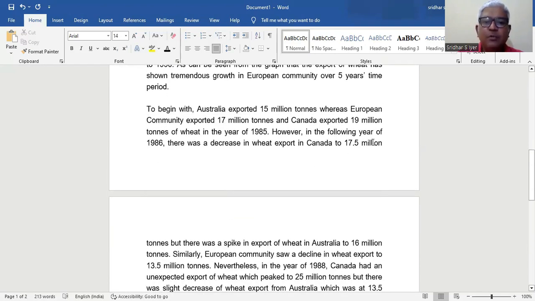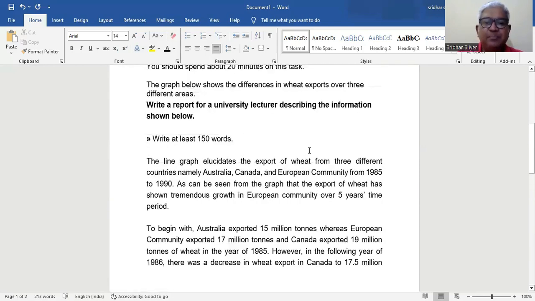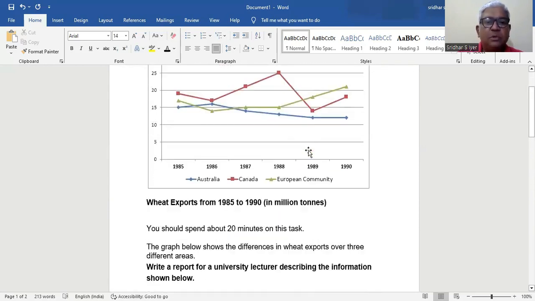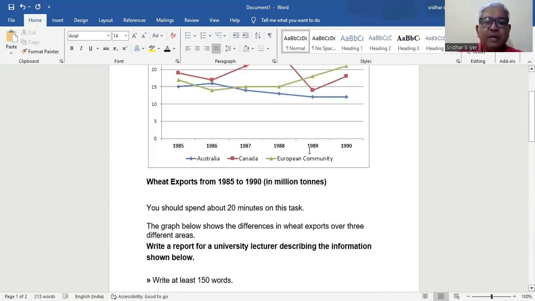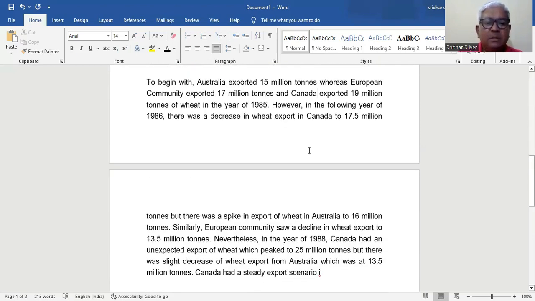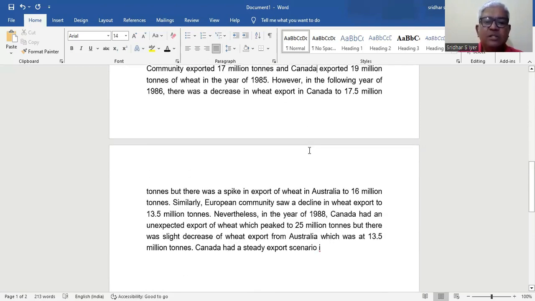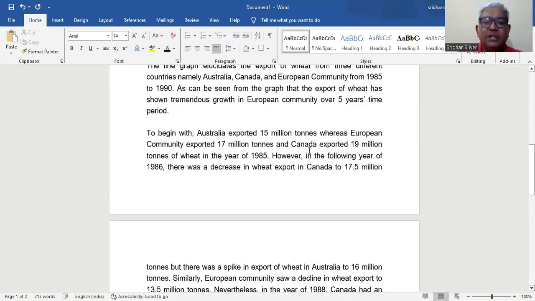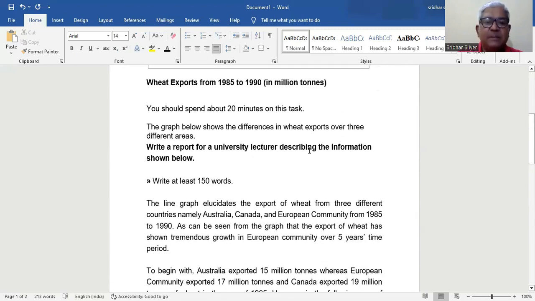However, in the following years, in the year of 1986, there was a decrease in wheat export in Canada to 17.5 million tons, but there was a spike in export of wheat in Australia to 16 million tons.